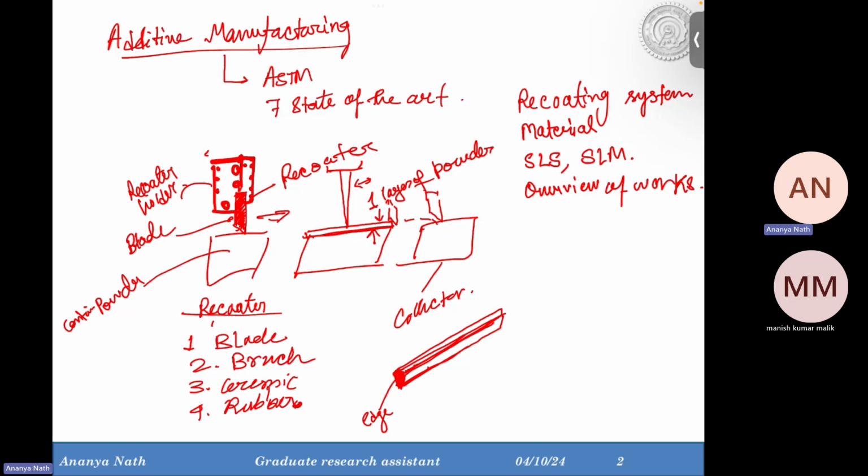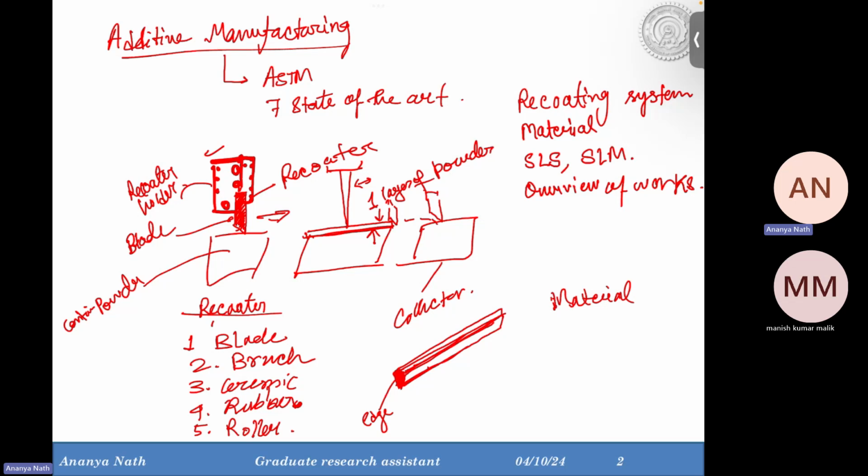But there can be another type of recoater also, which is roller. So these are a few types of recoaters. The blade is also known as doctor blade. Now let's understand what is the difference between these recoaters. Then we will be talking about the material.